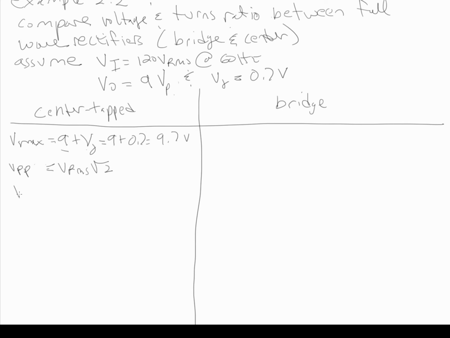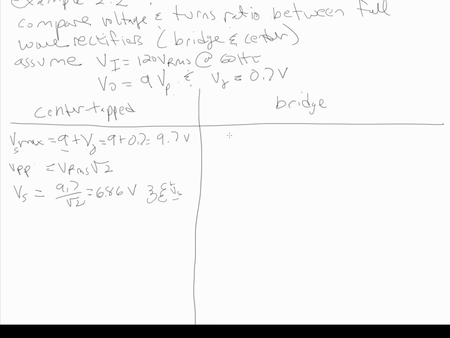So we're back calculating to our Vs, which is going to equal 9.7 over the square root of 2, which is equal to 6.867 volts. Okay. And that's what's coming out of the transformer. Remember we had the two parts of the transformer here, and this part was Vs. So that's what we need to input into Vs.